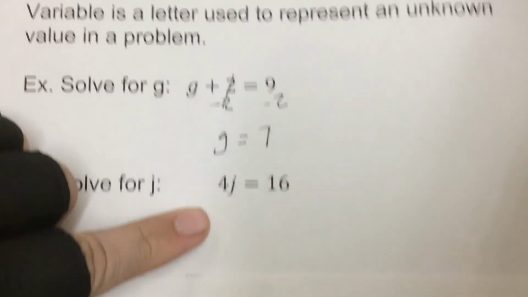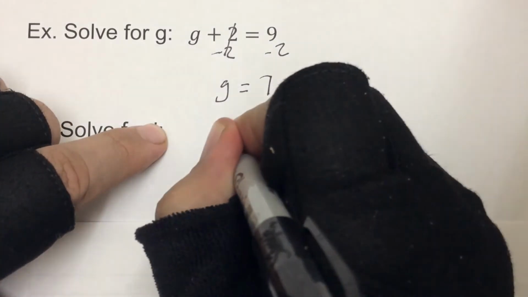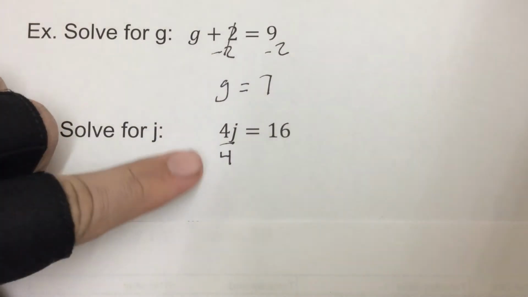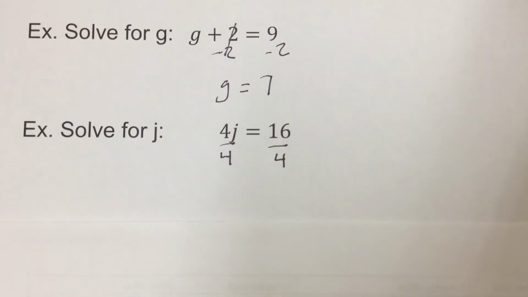So 4j. 4j again means multiply. So the opposite of multiplying by 4 would be dividing by 4. And if I do it on this side, I have to do it to the other side because it has to stay balanced. If I do it to both sides, it keeps the equation balanced. If I do it just to one side, it's not balanced anymore.